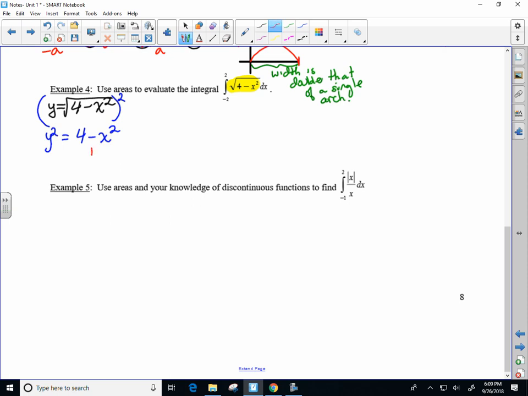That's nice. I'm going to add x squared to both sides. And we will be looking at x squared plus y squared equals 4.